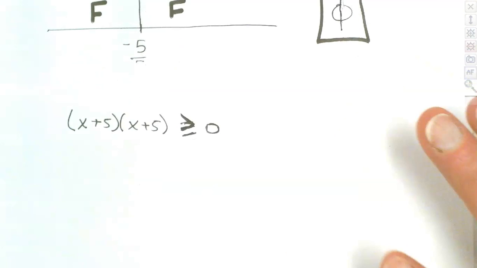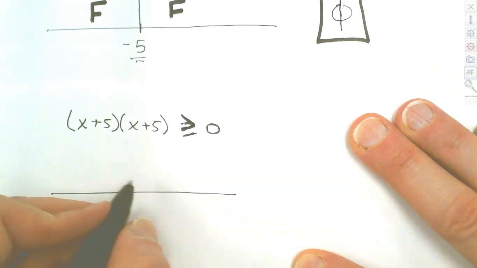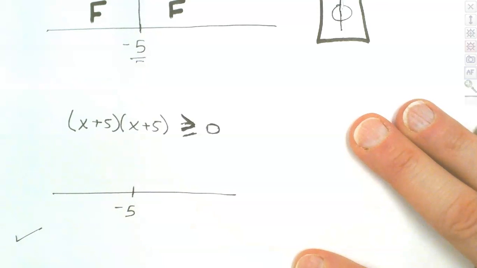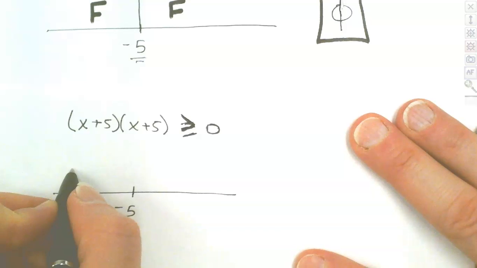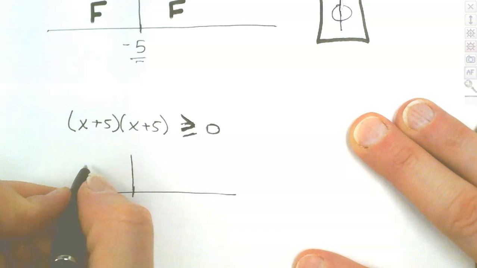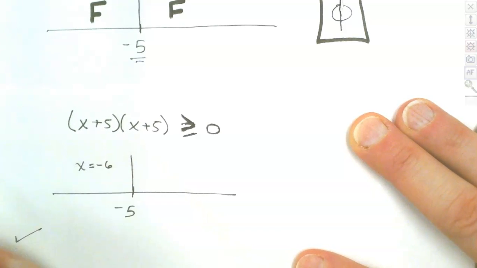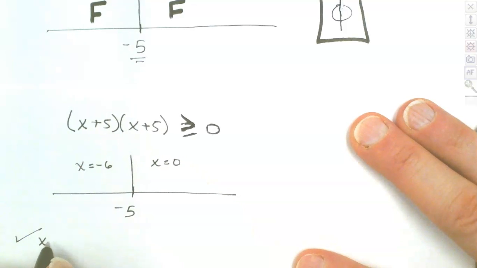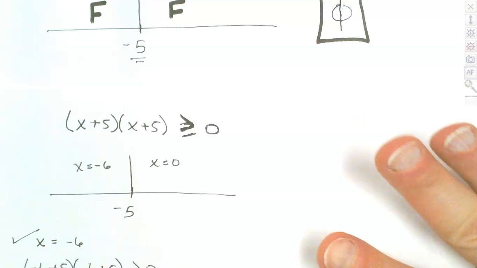Okay, if it's greater than or equal to 0, we would have the same -5, but when we go to check, we would check again -6 and 0, but what's going to happen now? If I check these now with our inequality symbol flipped, what's going to happen to the trues and the falses?